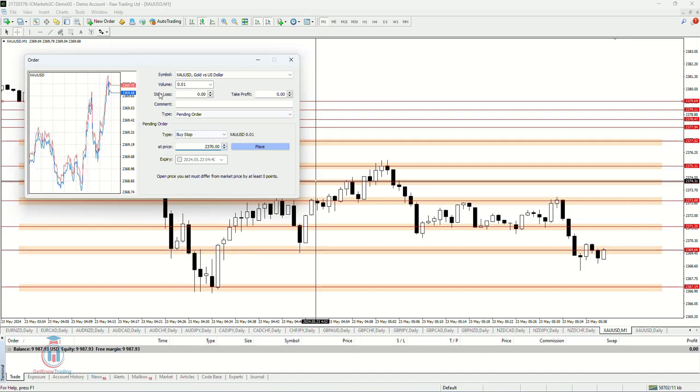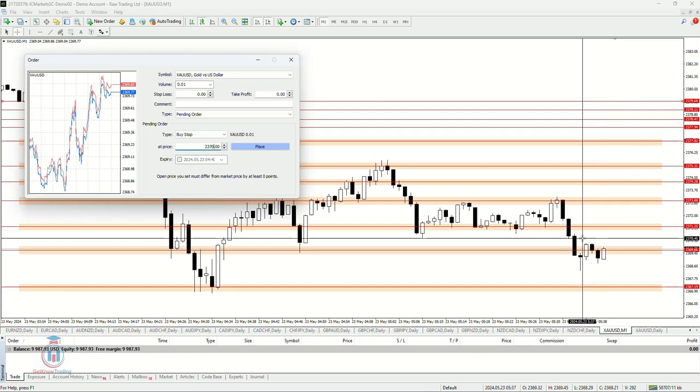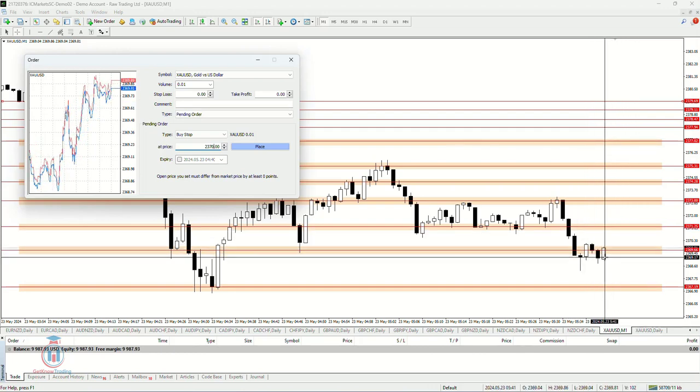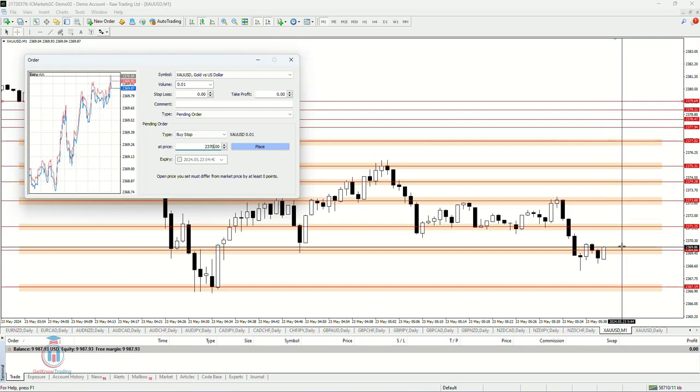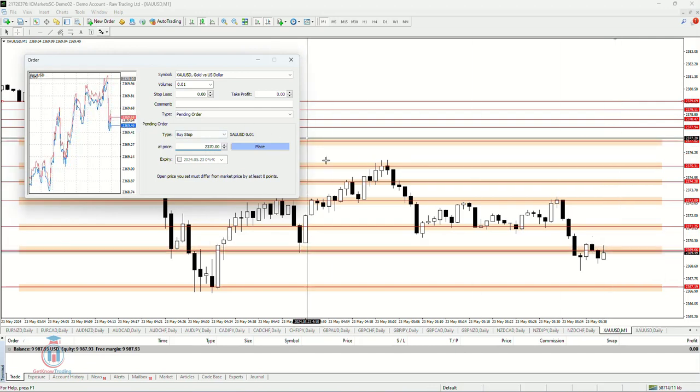And above that you have the stop loss or the take profit levels, which you can also set if you would like. So the logic behind the buy stop order is to open the order in the future when the market price reaches a certain price level, and in our case it is 2370.